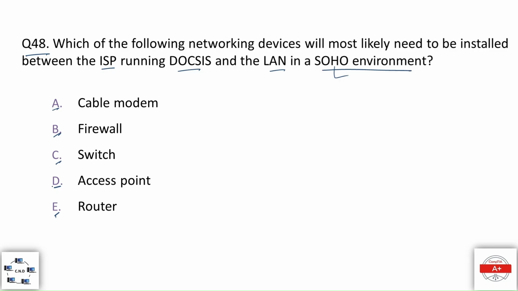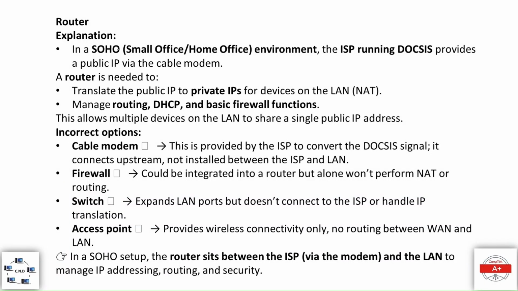And the correct option is option E, router. And the explanation is, in a SOHO, that is small office, home office environment, the ISP running DOCSIS provides a public IP via the cable modem.